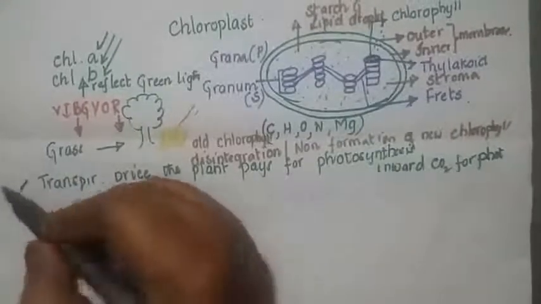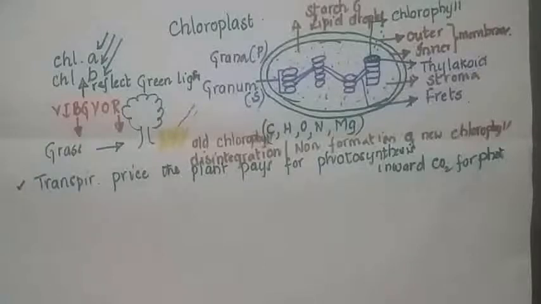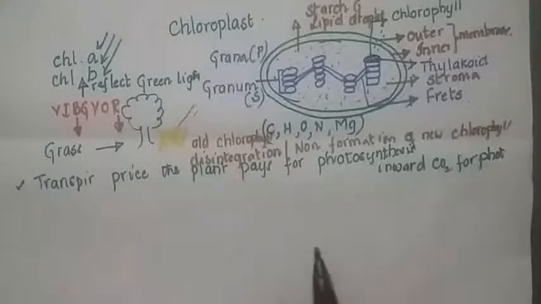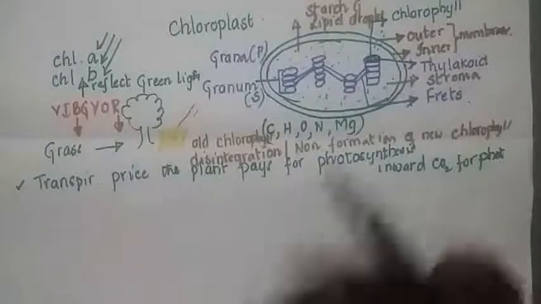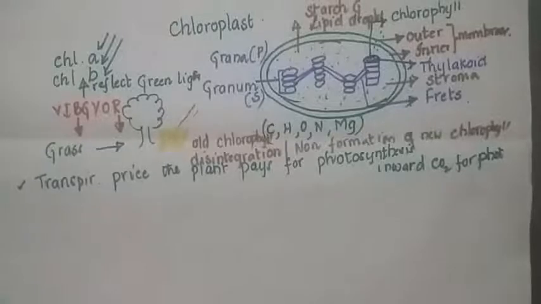So transpiration is the price the plant pays for the photosynthesis, because both the processes occur simultaneously. There is an inward diffusion of carbon dioxide for photosynthesis, and an outward diffusion of water vapor from those palisade parenchyma cells, or it escapes from that substomatal space. Fine. So let us quickly learn about the structure of stomata.